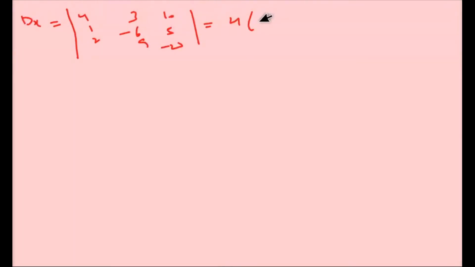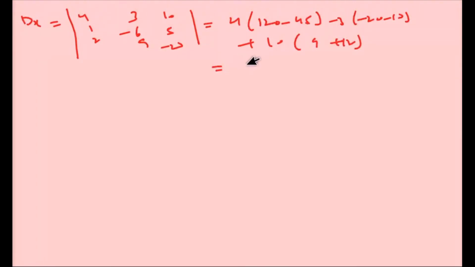Now 4 into (120 minus 45), minus 3 into (minus 20 minus 10), plus 10 into 9, and this multiplied by minus plus 12.